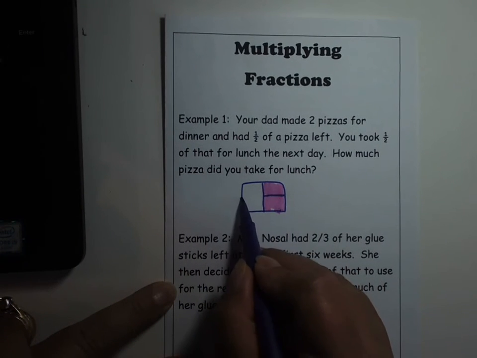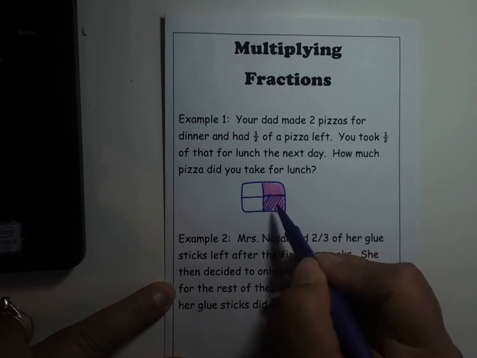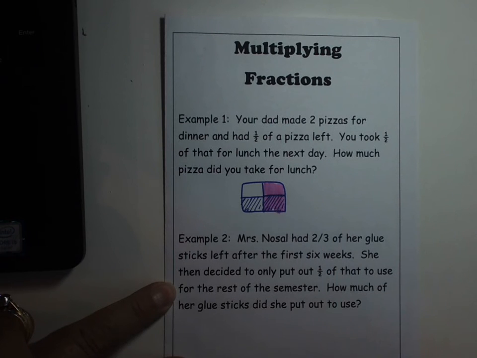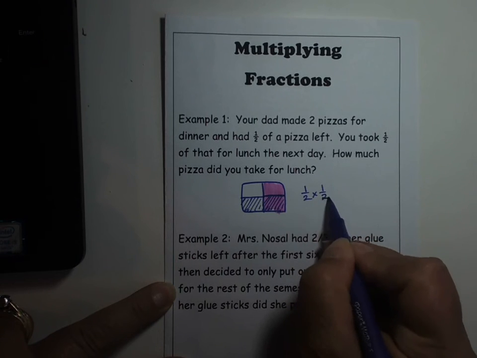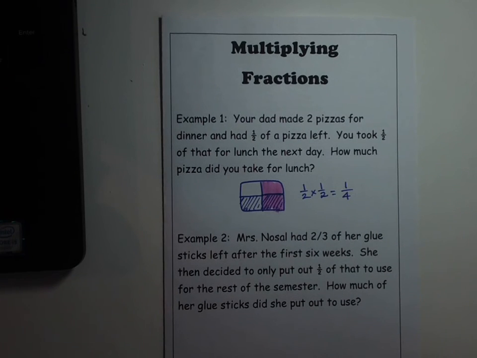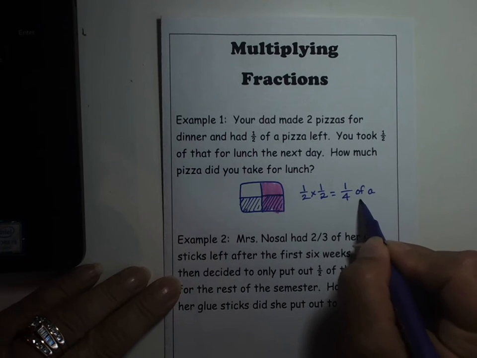So you cut it there, and you took this half to lunch. There's your imaginary part. How much pizza did you take for lunch? Well, you took half of a half, and this is 1 out of 4. You took a fourth of a pizza to lunch.